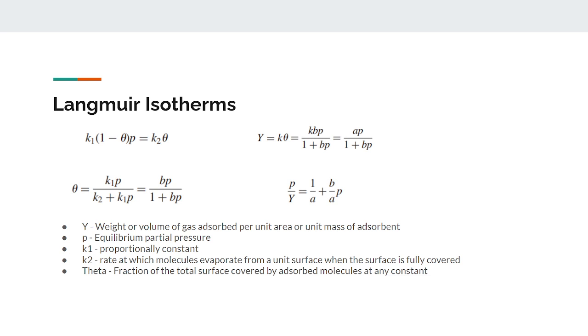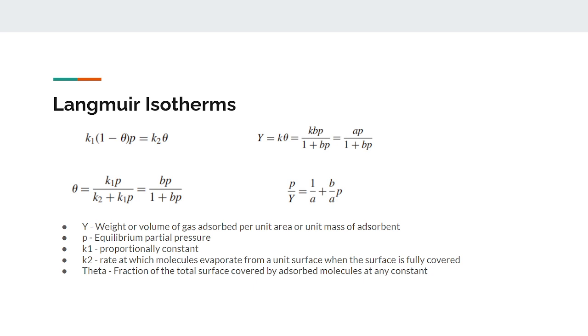And then the Langmuir isotherm describes the absorption of molecules onto a surface, with the assumption that adsorption occurs in a monolayer and that there are no interactions between absorbed molecules.